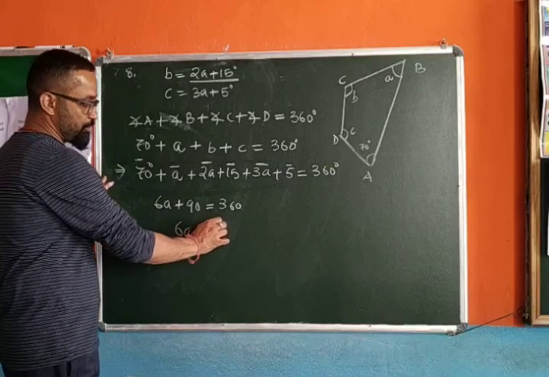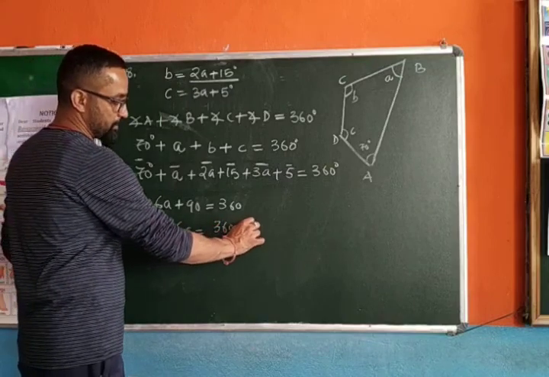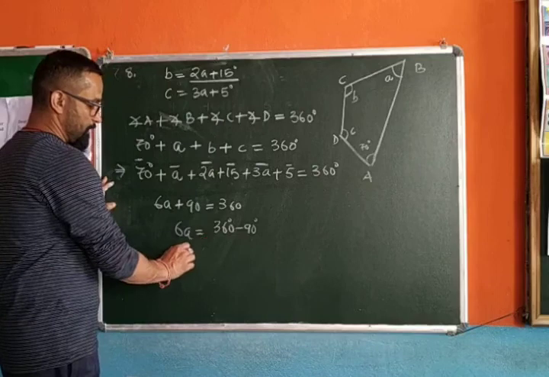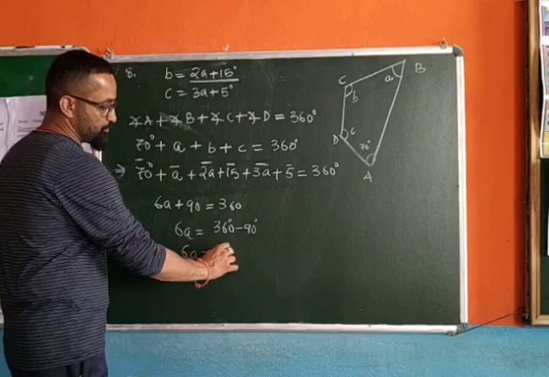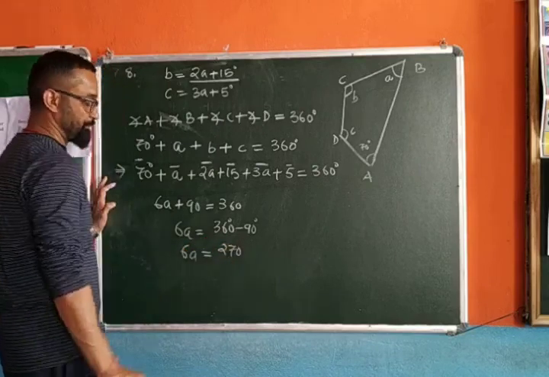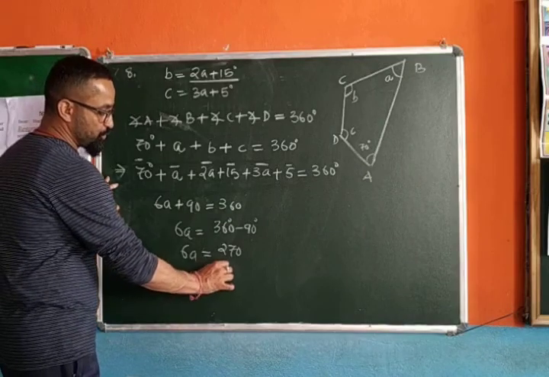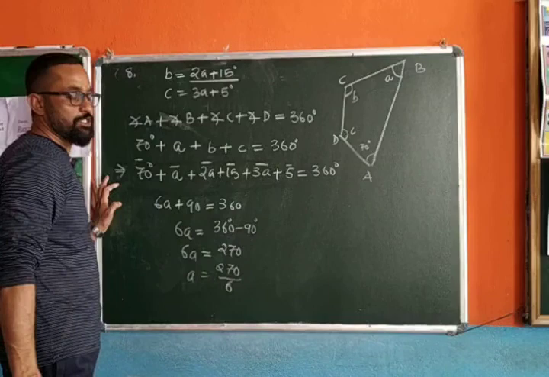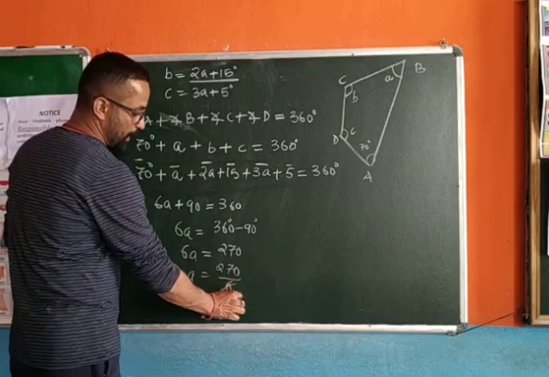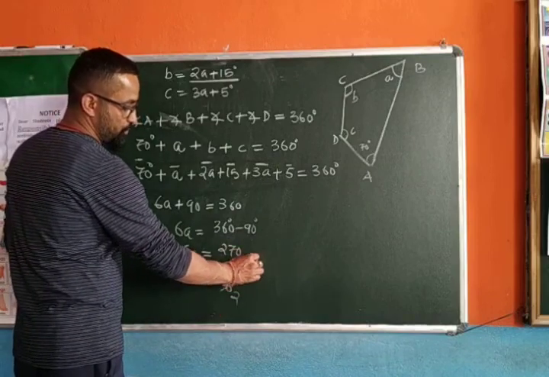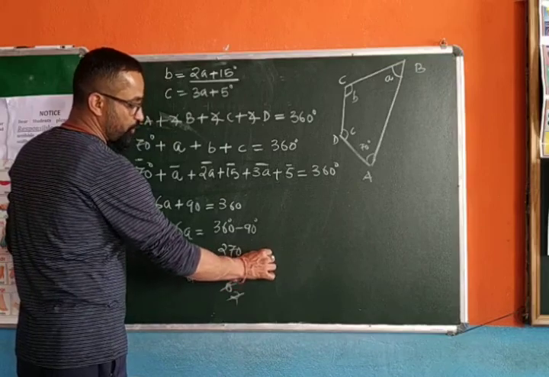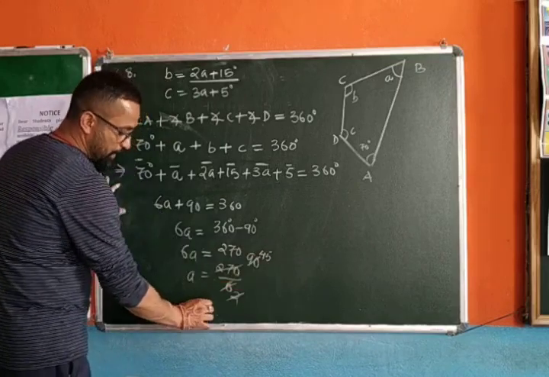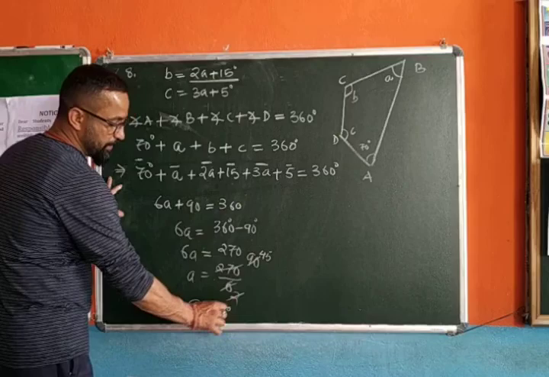6A is equal to 360 degrees minus 90. Subtracting, you get 270. A is equal to 270 divided by 6. Cancel it, you get 45. So A comes to 45 degrees.